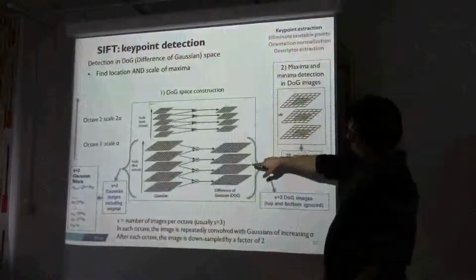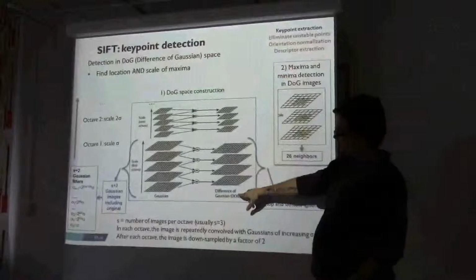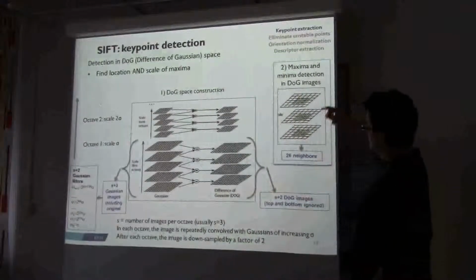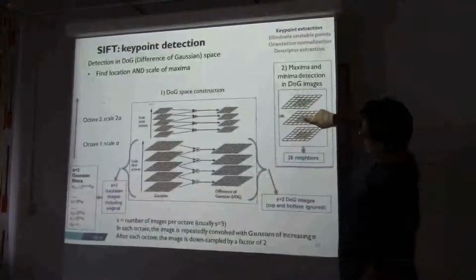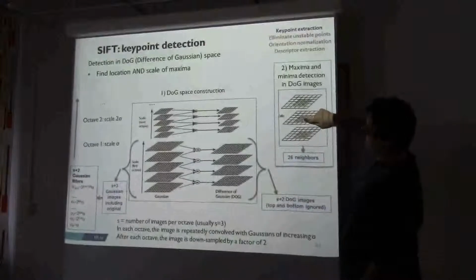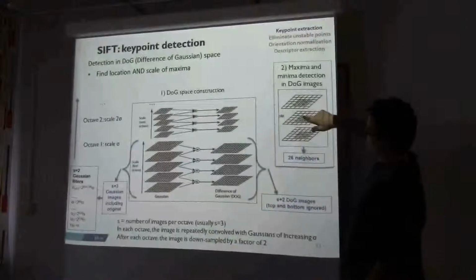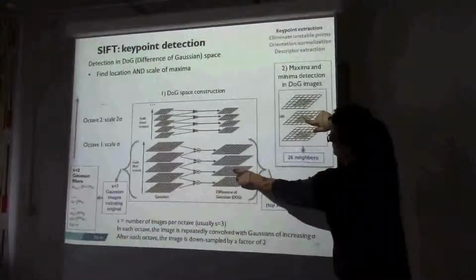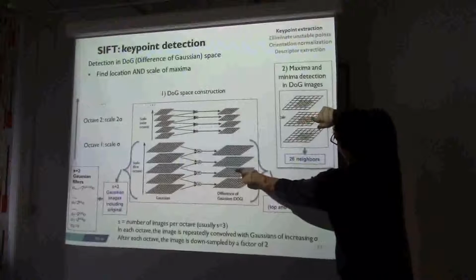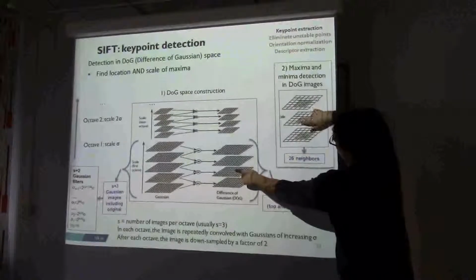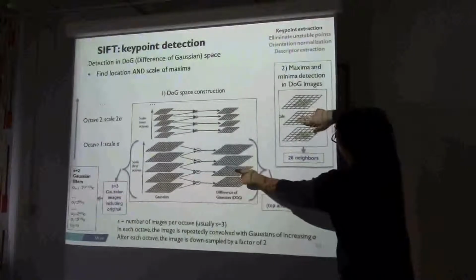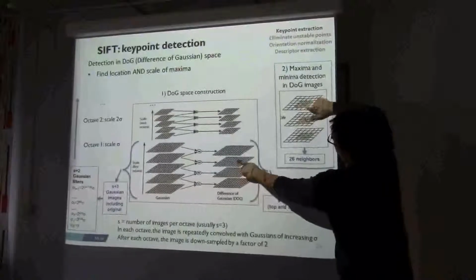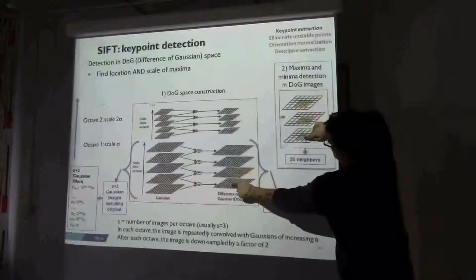And for all these difference of Gaussian images, what you do is find maxima and minima with respect to this neighborhood in the same image. Imagine that you are here. You find the maxima or minima with respect to these points here, and these points above, and these points below.